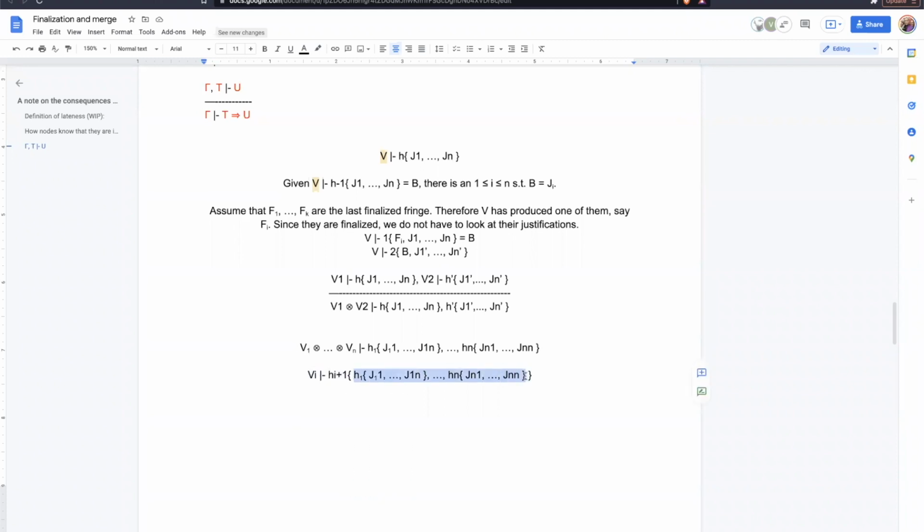I through N is the whole bonds map. That's correct. If HI plus 1 does not include one of these, then VI does not see what the network sees. So the question is, what do I have to write down in order to be confident that VI saw what the network saw? This is what I have to write down.